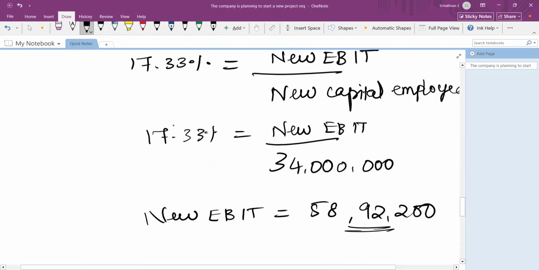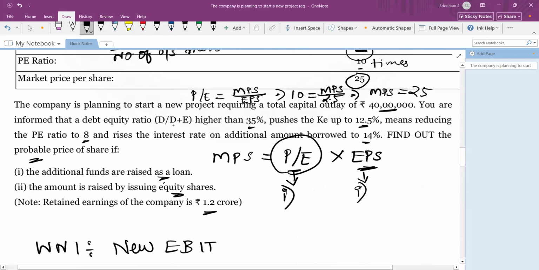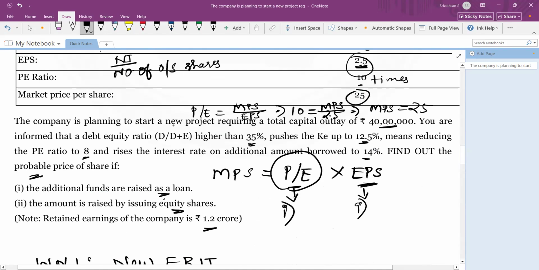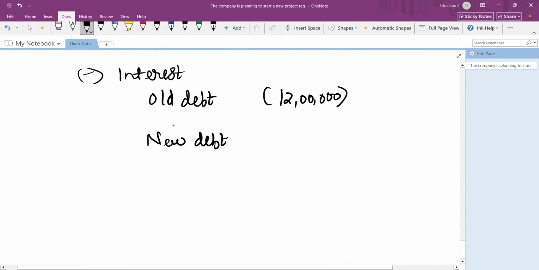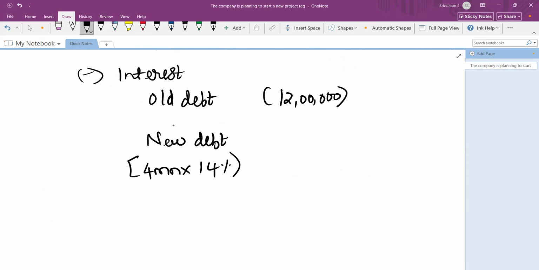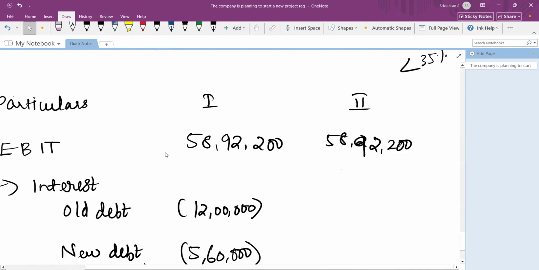It is 14 percentage, because it is clearly given in the question: if debt by debt plus equity ratio is greater than 35 percentage, the company can borrow additional finance at the rate of 14 percentage. So this 4 million rupees is borrowed at 14 percentage interest. 14 percentage of 4 million, we get 5,60,000.